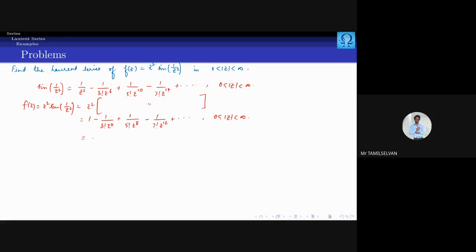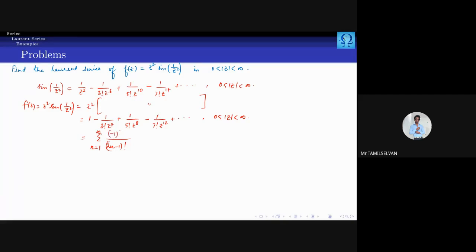So this is 1 minus summation, this is what, 2n minus 1 factorial. Am I right? When you give n equals 1, you will get 1. When you give n equals 2, you will get 3. So this is how you are going to have. So from summation, n runs from 1 to infinity, and in the numerator we have things in the alternating way.